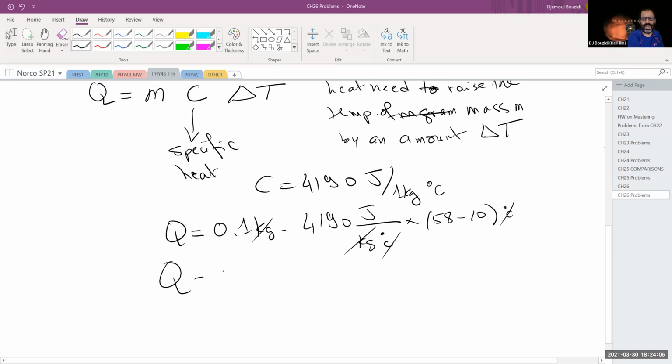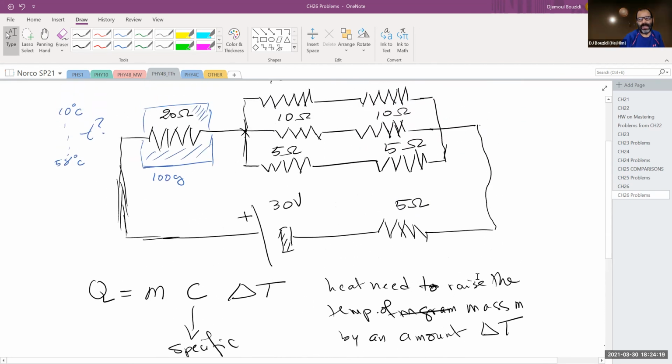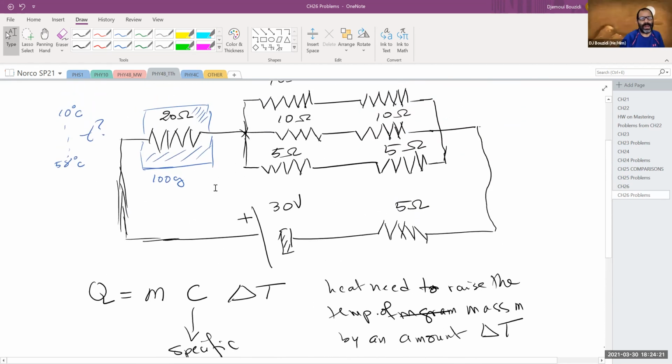So this value of the energy is 20.1 kilojoules. To be more specific, this calculator is giving me 20,112 joules, okay? That's a lot of energy to raise its temperature by that much. So here is the thing.